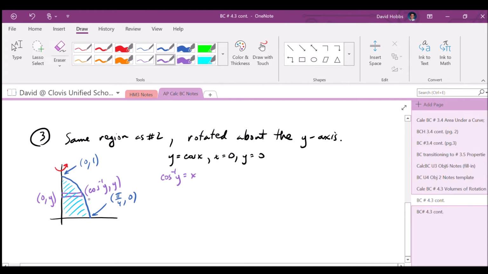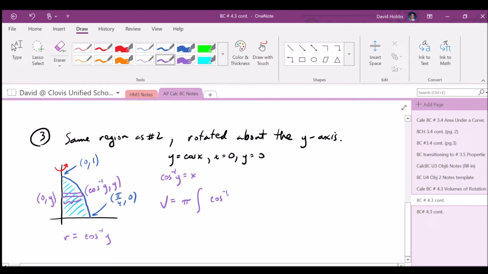And so my radius, right side minus left side, is inverse cosine of y minus 0. So inverse cosine of y. So my volume is pi r squared. Now r is inverse cosine of y.